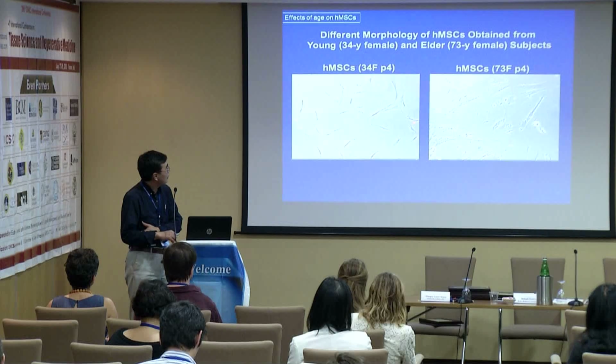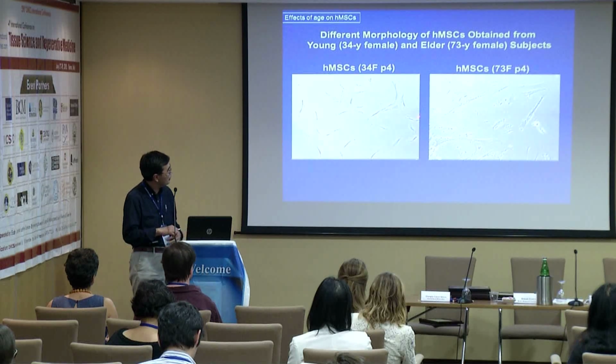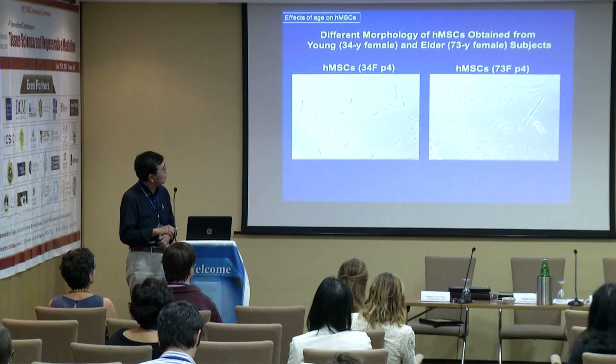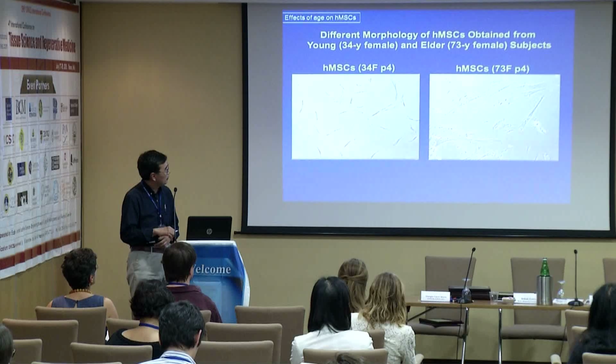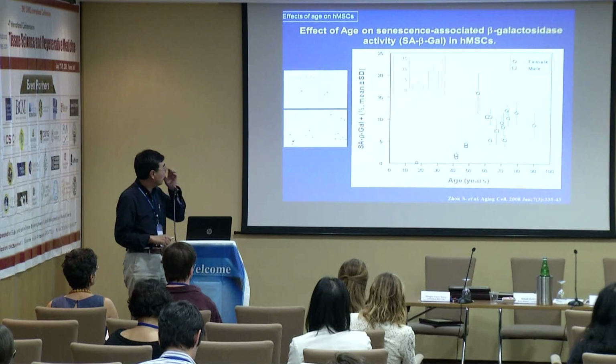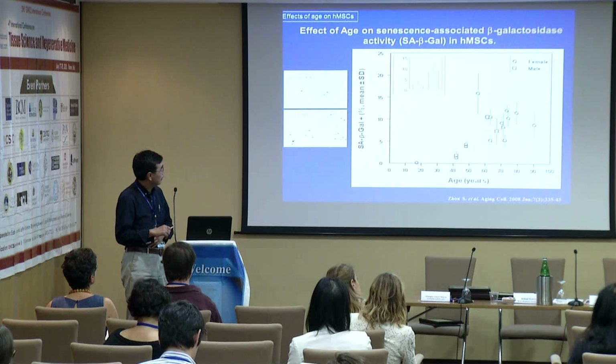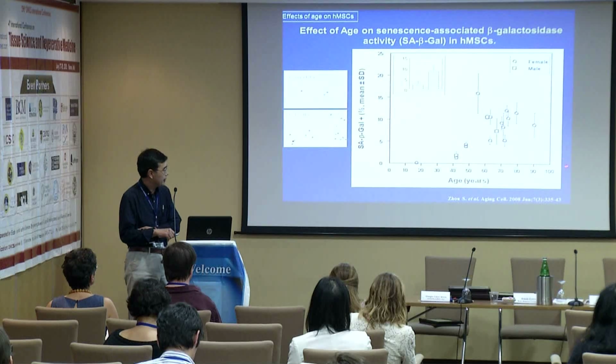So that's how it looks when we culture them in vitro. You take MSCs from a young patient, they look like fibroblasts in a very thin shape. When we take the same cells, cultured at the same density, from an old patient, they look like that. They are very large and senescent. To quantify the senescent cells in this type of culture, we can stain them with a well-known senescence marker, senescence-associated beta-galactosidase. The blue cells are the senescent cells, and we counted them in correlation with patient age.